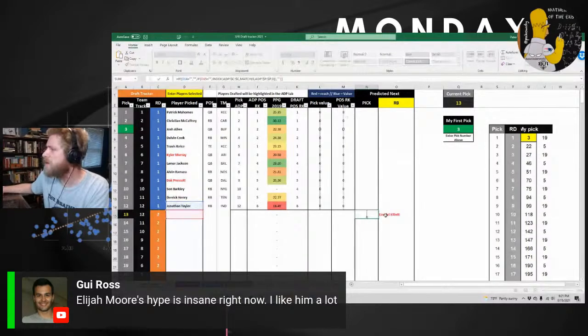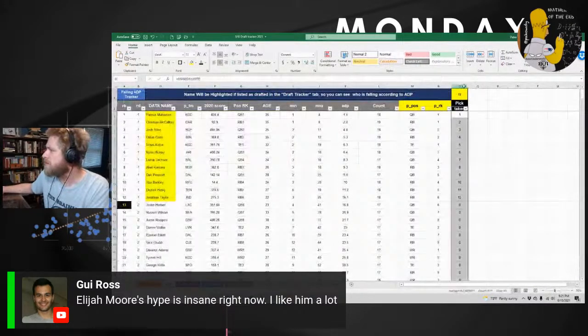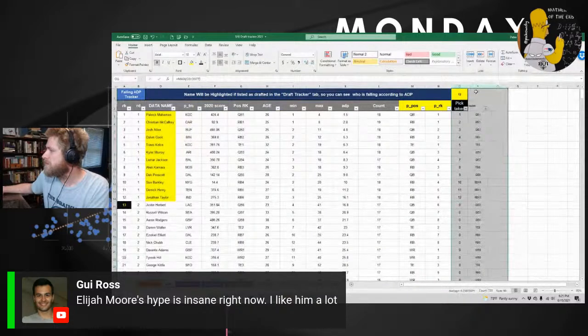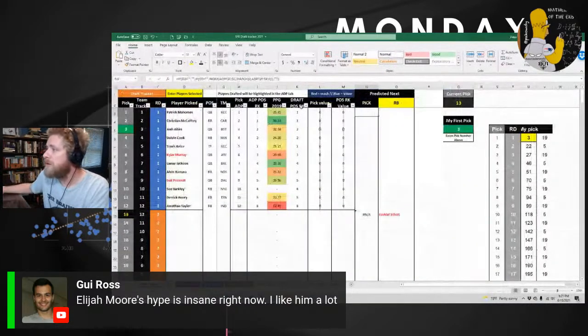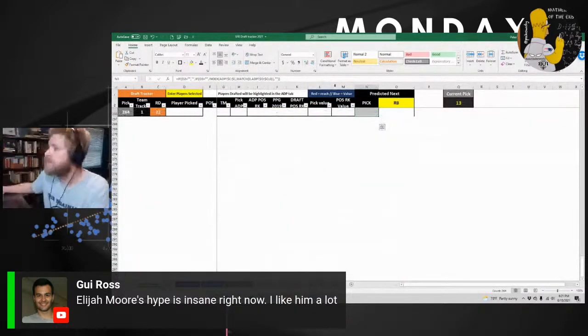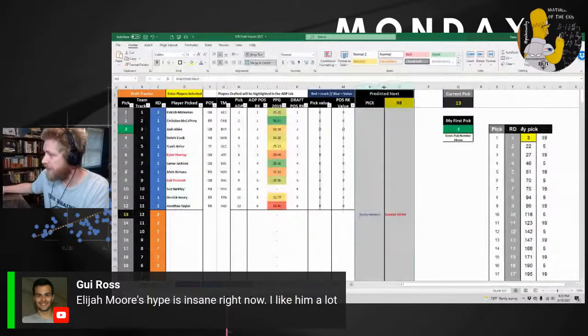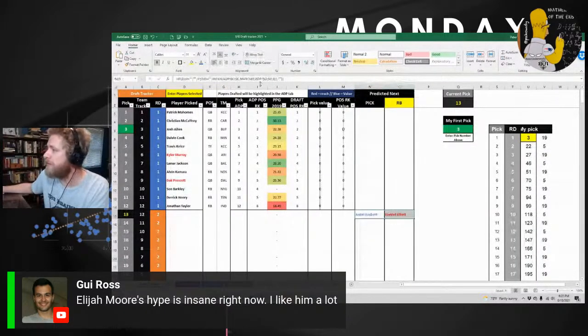Looking it up in P. No, we just need to look it up in O. That'll do it. There we go. So it tells you who's the next position player to go off the board, depending on what you type up here, and also who's the next player to go off the board according to ADP. I thought it was a quick, neat reference, and it was pretty easy to put in there.